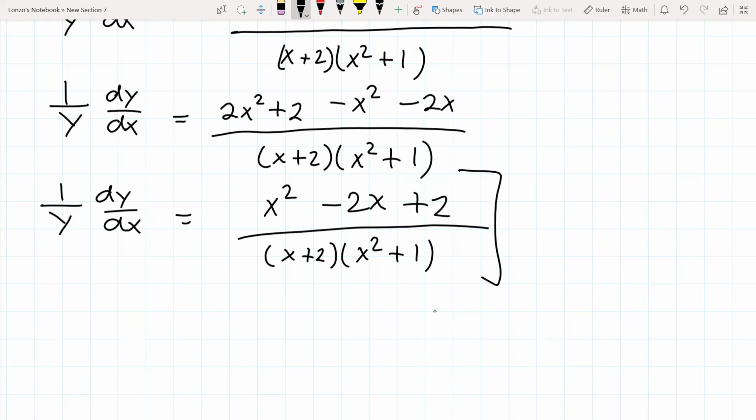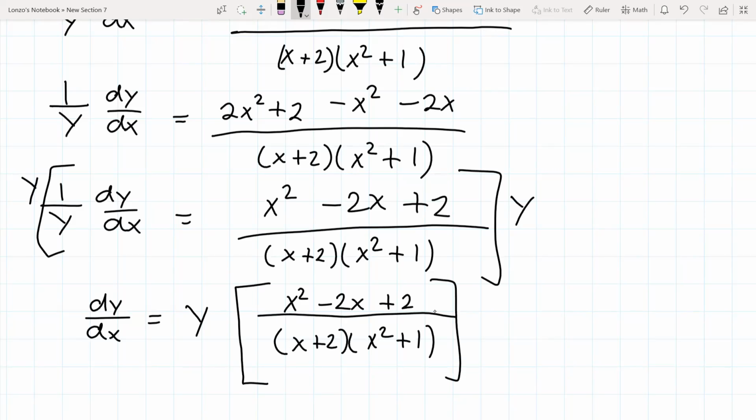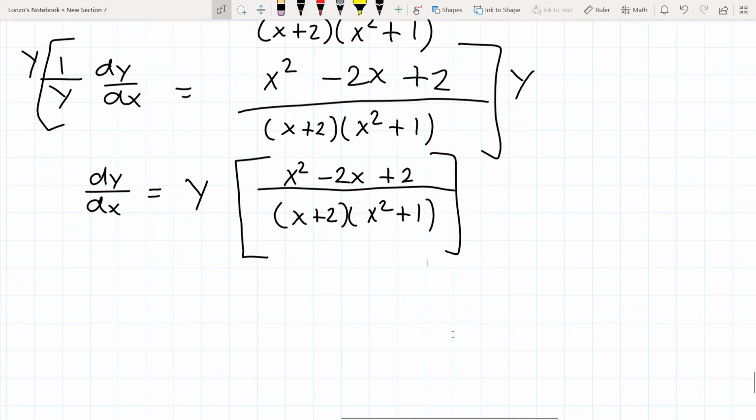Then just solve for y. Multiply both sides by y. So you get dy over dx equals y times x squared minus 2x plus 2 over x plus 2 times x squared plus 1. And then what you're going to do is just replace y with the original problem.